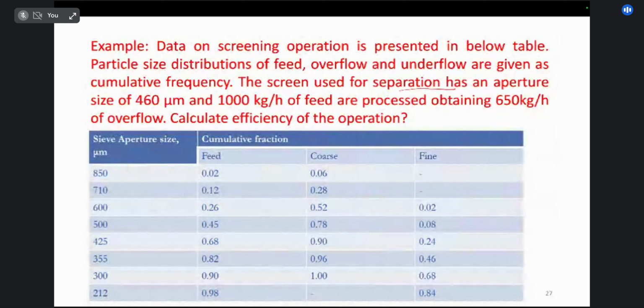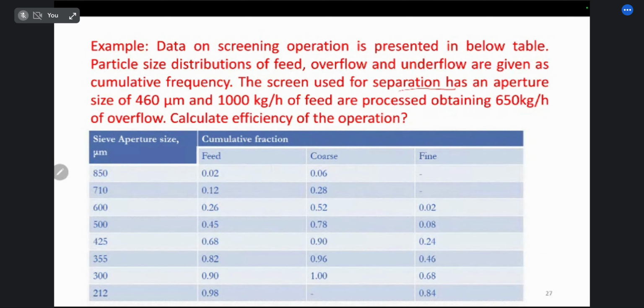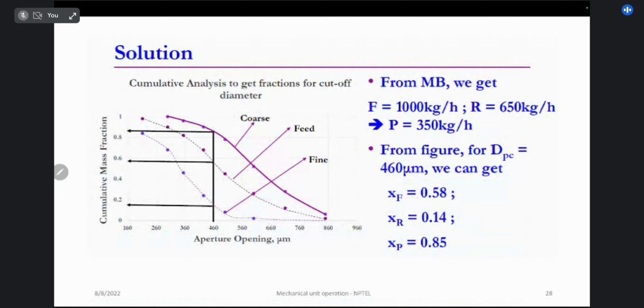As you don't know exactly which diameter is given, after that you can consider the oversize and undersize. So you just have to plot the cumulative mass fractions versus aperture opening. Here 460 micrometer is given, but the 460 micrometer aperture size is not in the table. So what is the fraction at 460 micrometer? It is given from this plot.